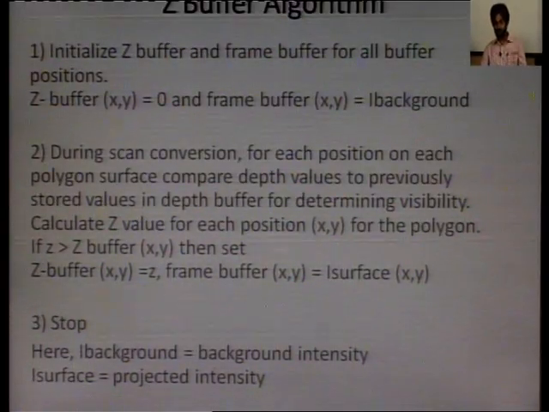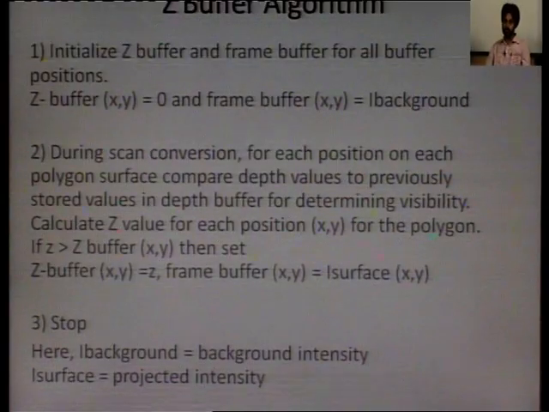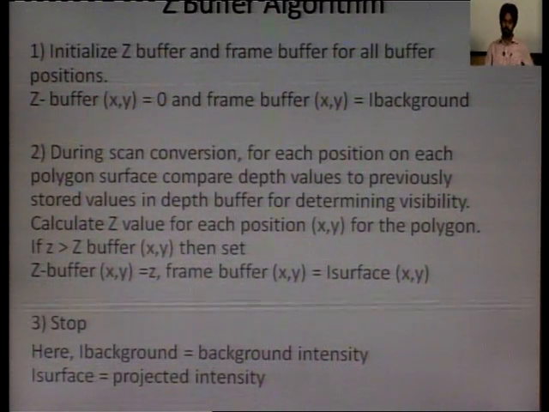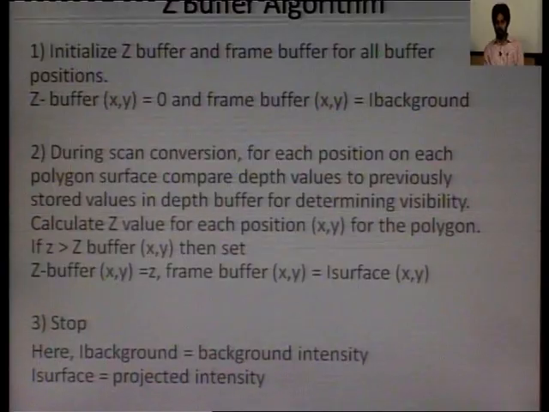So when we do scan conversion, for each position of the polygon we compare with the depth stored before in the depth buffer for determining the visibility, and then calculate the Z value for each position x, y for the polygons.